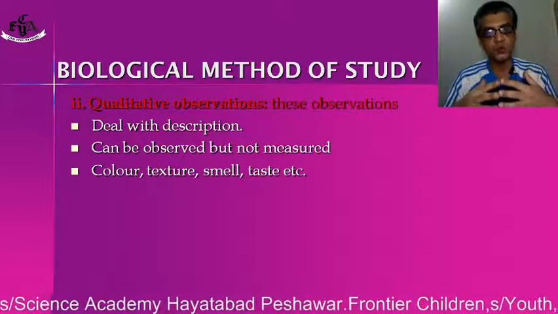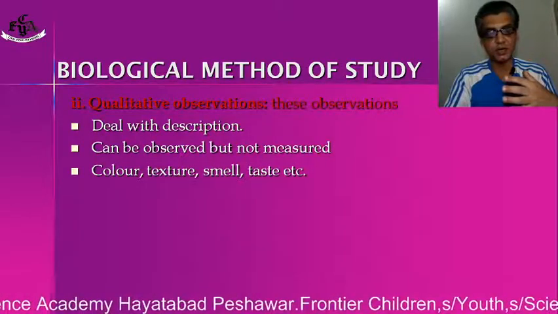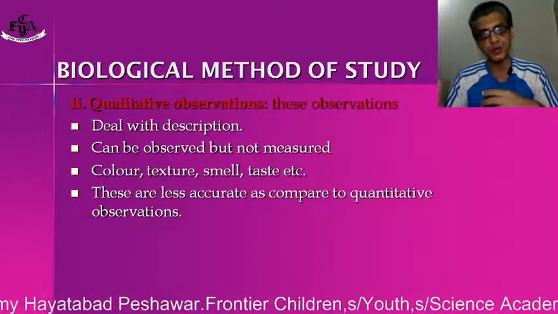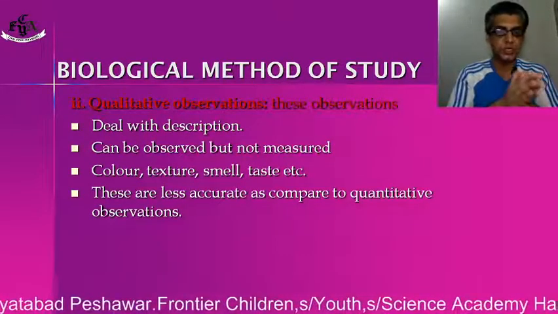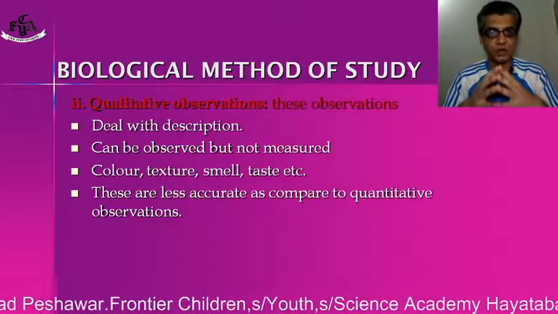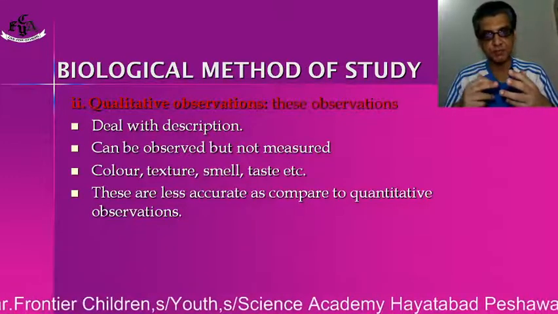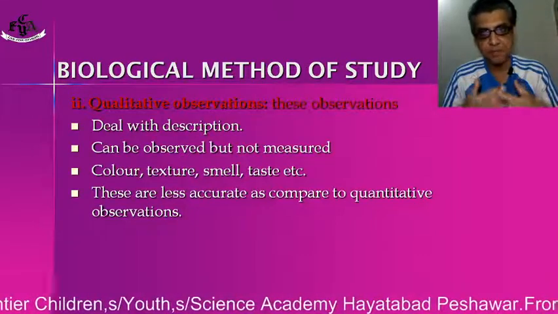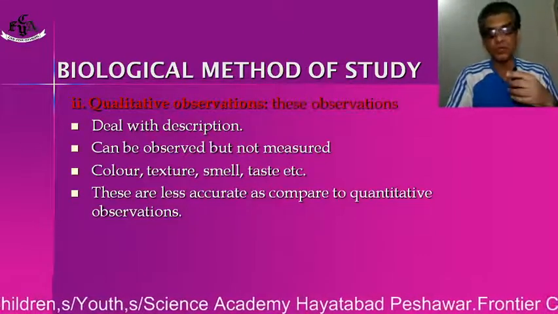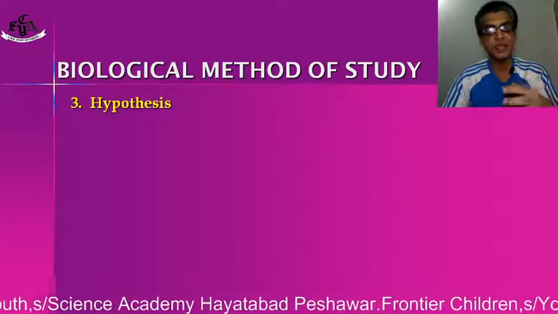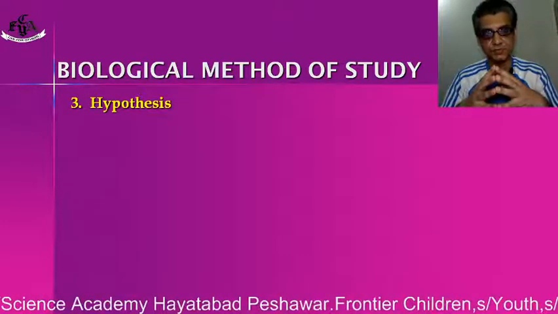So qualitative observations are less accurate as compared to quantitative observations. So these were the two kinds of observation, and this is step number 2 of biological method of study. Now we are going to study the next step, that is hypothesis.